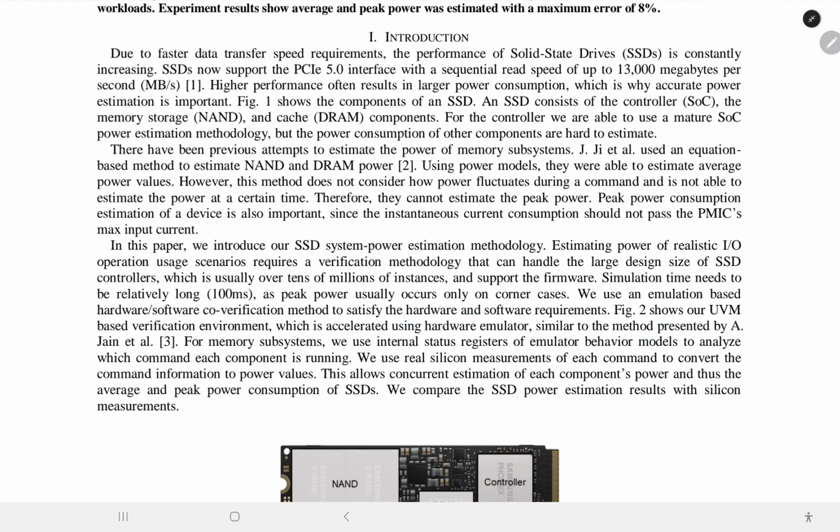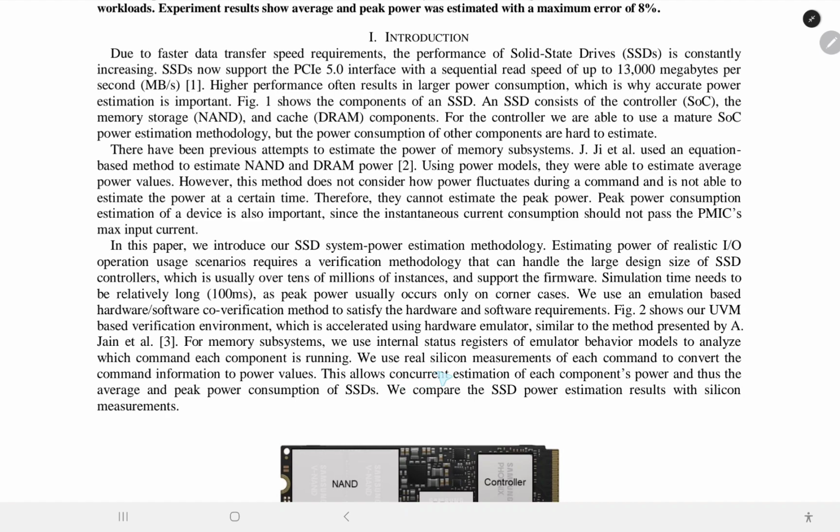Figure 2 shows our UVM-based verification environment, which is accelerated using a hardware emulator, similar to the method presented by Jang et al. For memory subsystems, we use the internal status register of the emulator behavior models to analyze which command each component is running.